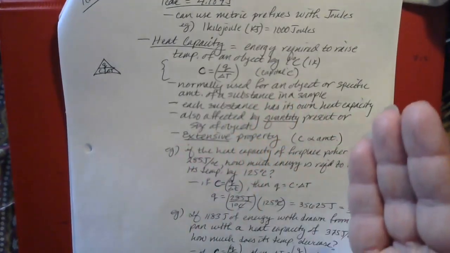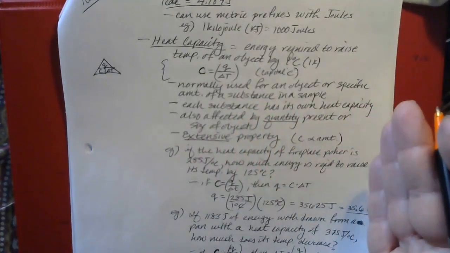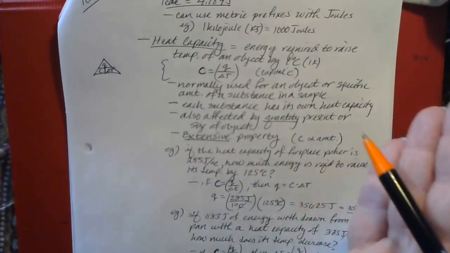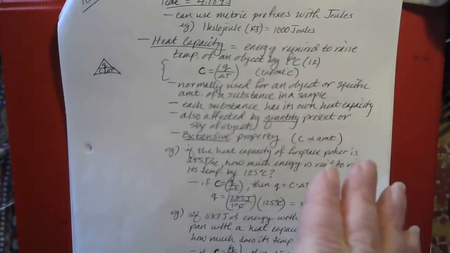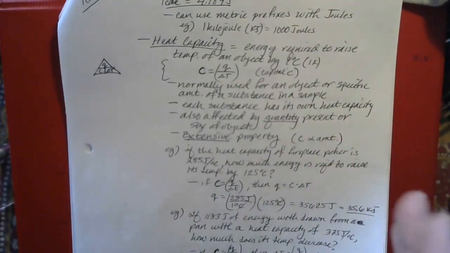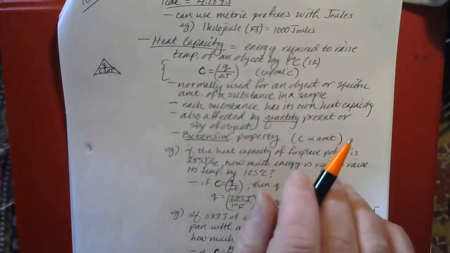If you add twice as much energy, the temperature should go up twice as much. So 1,000 joules divided by 5 degrees would be the same as 2,000 joules divided by 10 degrees. And you end up with the same number.